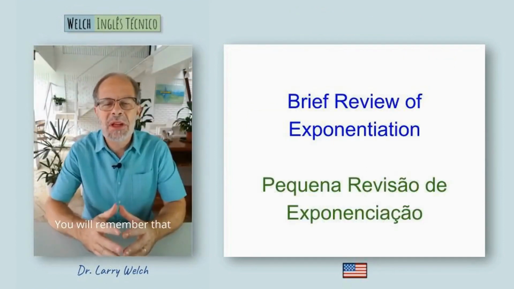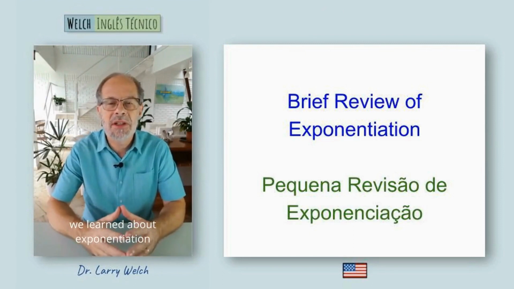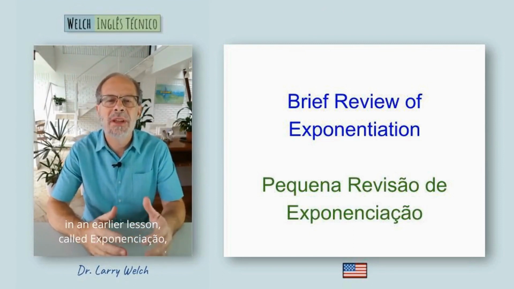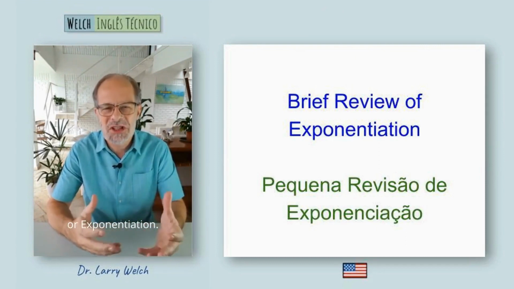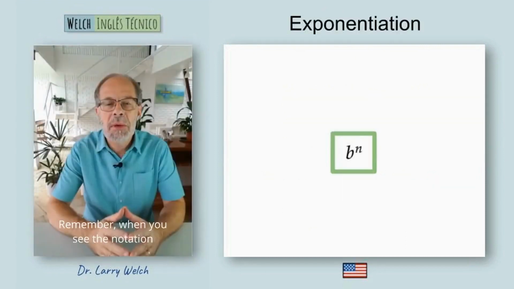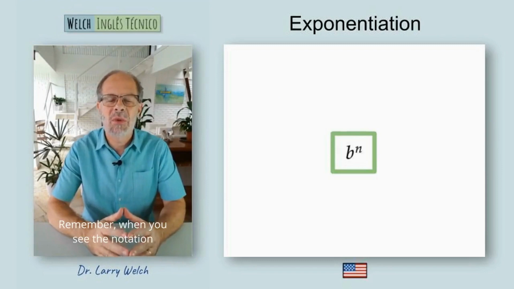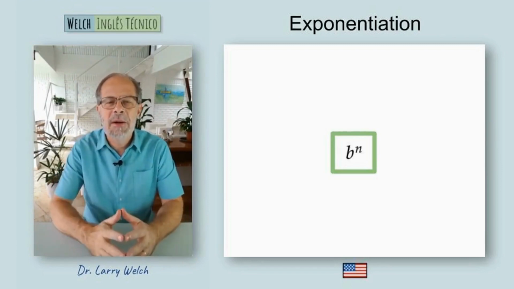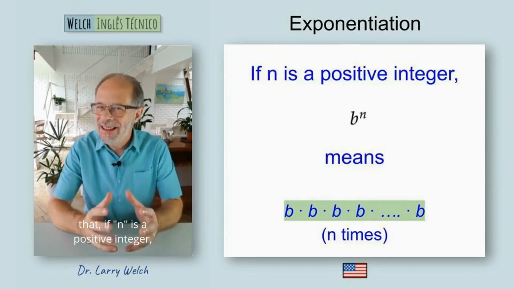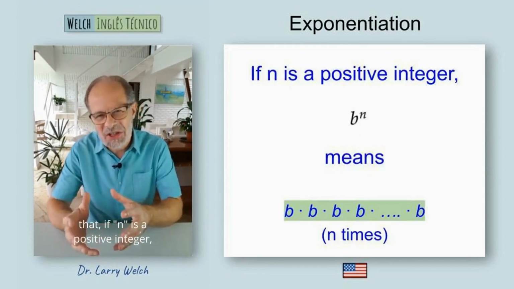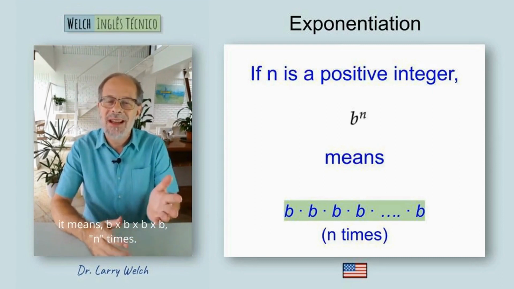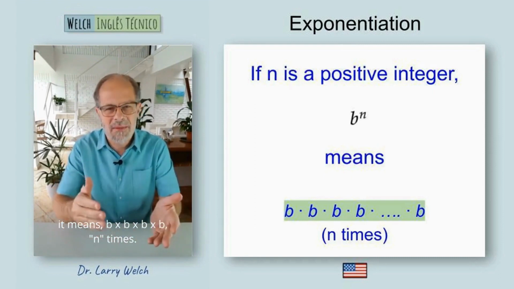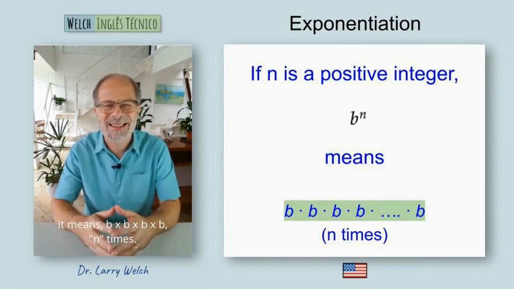You will remember that we learned about exponentiation in an earlier lesson called exponenciação, or exponentiation. Remember, when you see the notation with the letter B and N, that if N is a positive integer, it means B times B times B times B, N times.